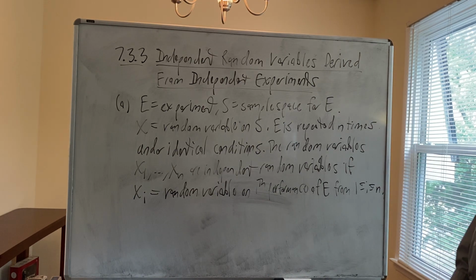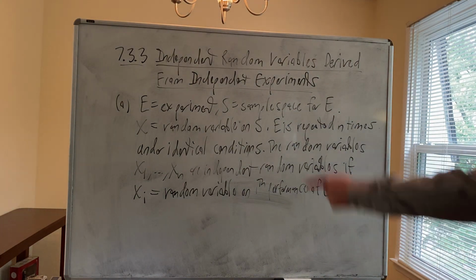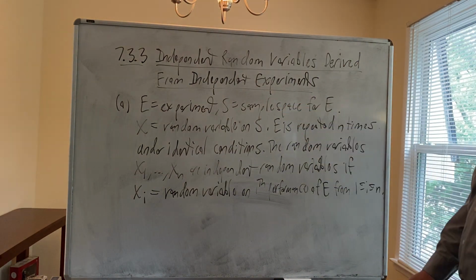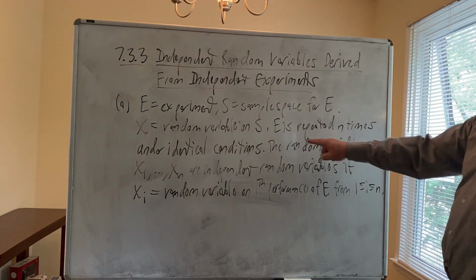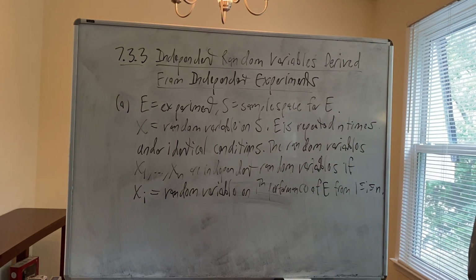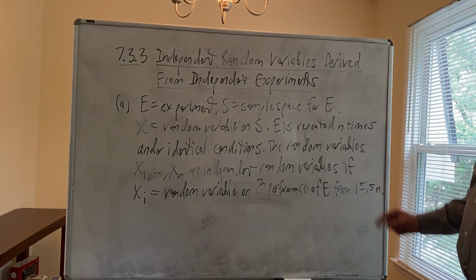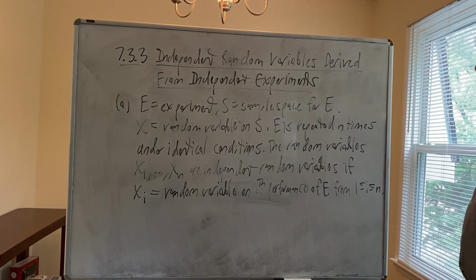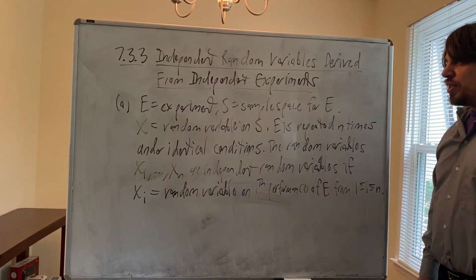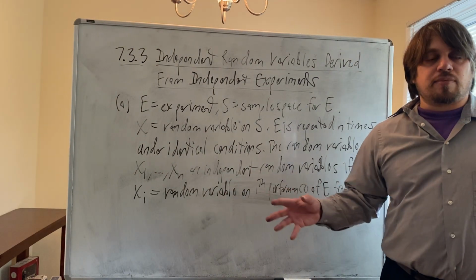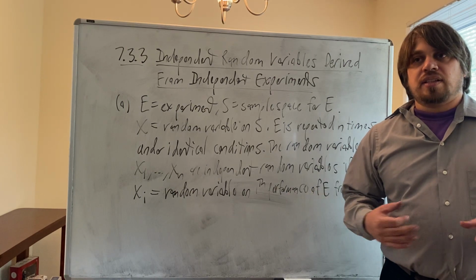Capital S is the sample space for E, the set of simple outcomes for your experiment E. Let capital X be a random variable on the sample space capital S. If experiment capital E is repeated little n times under identical conditions, so we're going to do the exact same experiment little n times, the random variables x sub 1 to x sub n are independent random variables if x sub I is the random variable on the ith performance of E. So if you're performing your experiment E n times, and you assign the random variables x1 to xn to each time you do the experiment.